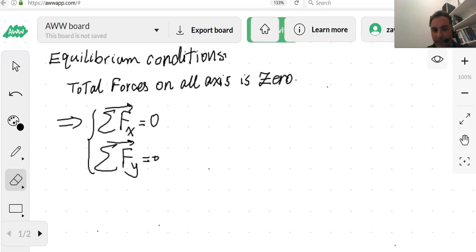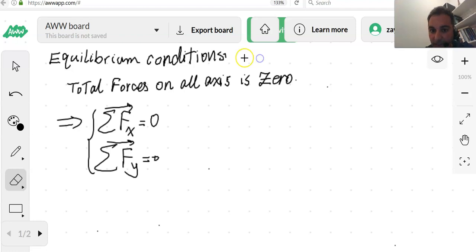Equilibrium means that if an object moves, it moves with constant velocity. That means there is no acceleration. So equilibrium means the total force on all axes is zero.